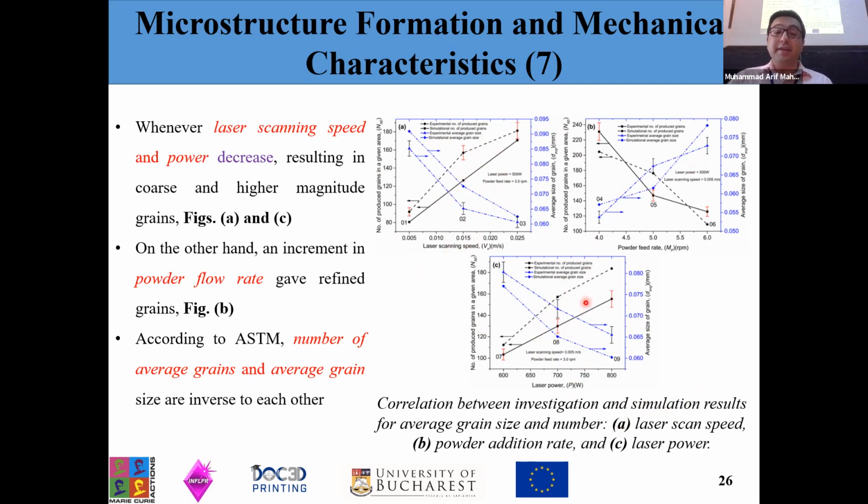Figures A and C can be used to identify these results. While when I was increasing the powder flow rate, we found that the grains were more refined, meaning the dimensions of the grains were very small in comparison to laser scanning speed and the powder flow rate.